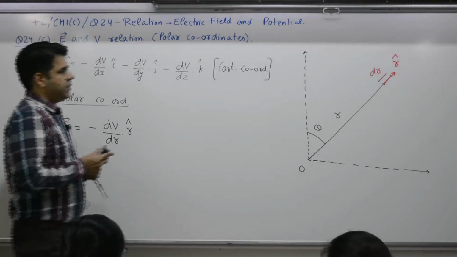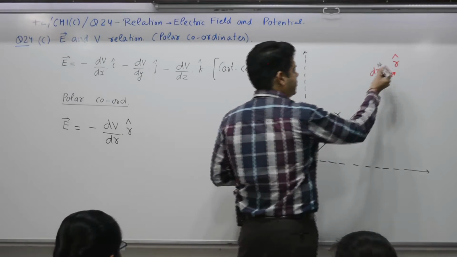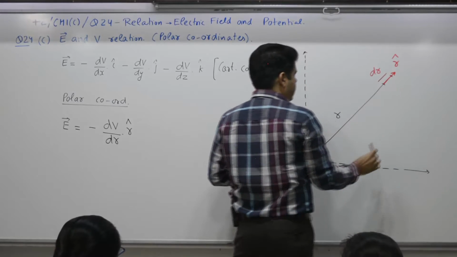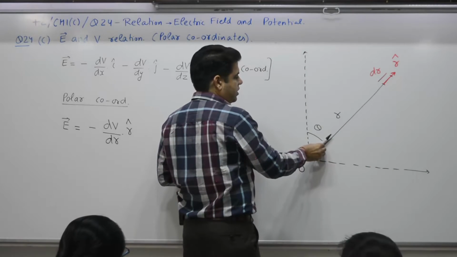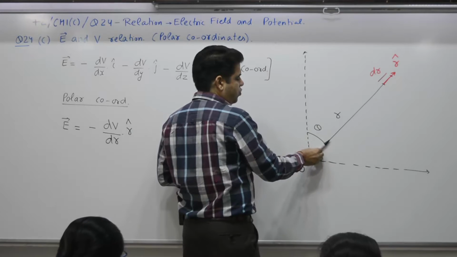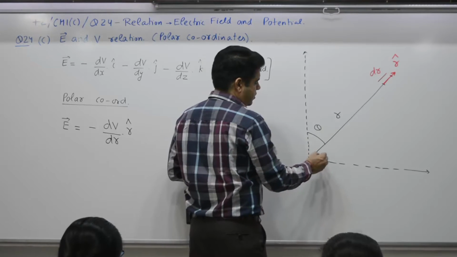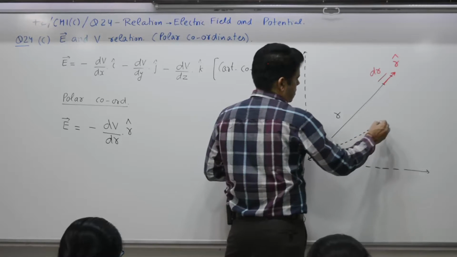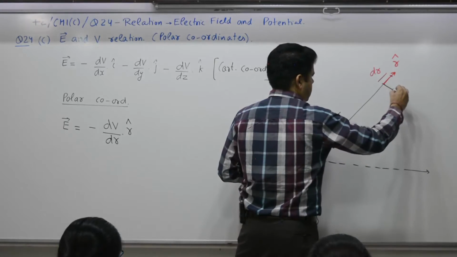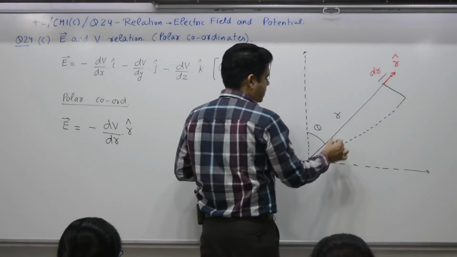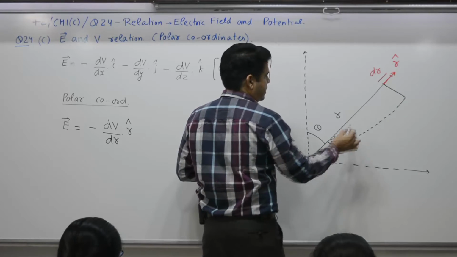And the direction perpendicular to this one is termed angular. How? If you move from theta to theta plus d theta, this is r, this small angle is d theta.